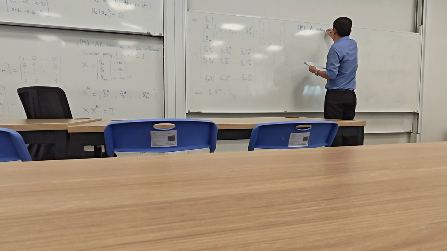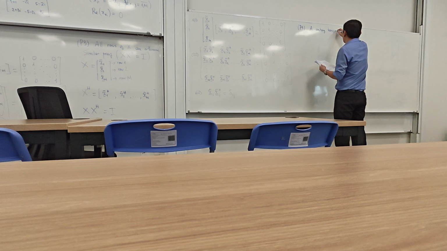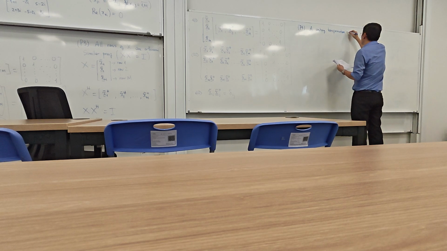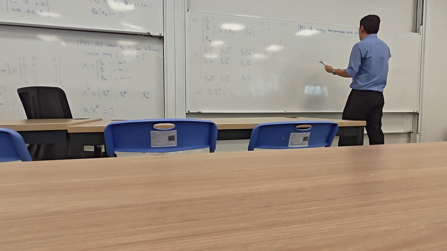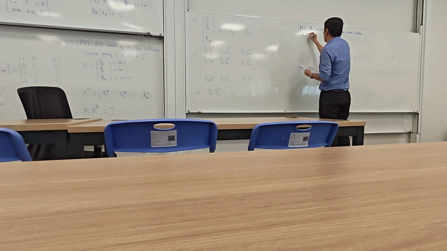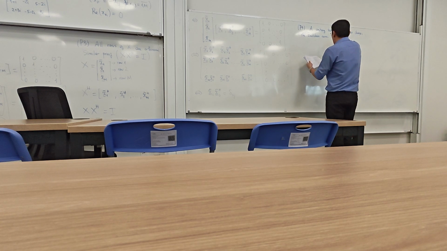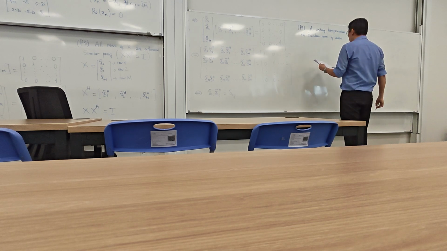A unitary transformation never changes the Euclidean norm of the vector. Euclidean norm of vectors. What does it mean?